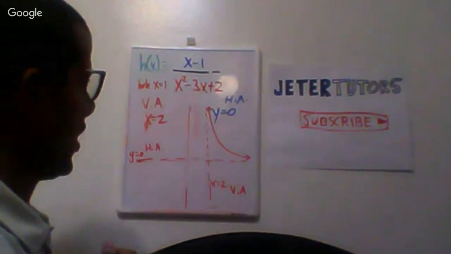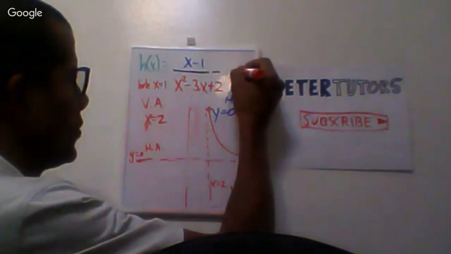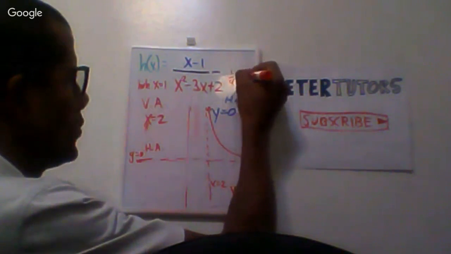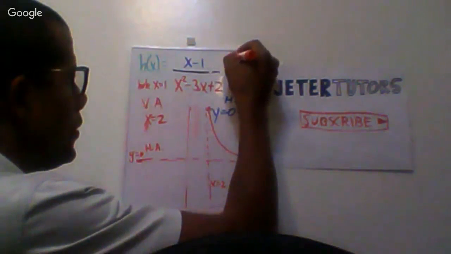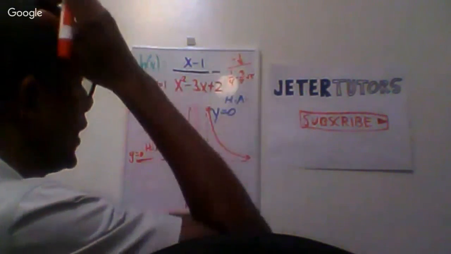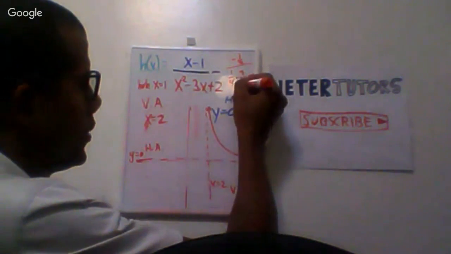So say x is a half. That's going to be 1/4 minus 3/2 plus 2, and this is going to be negative 1/2. So we're going to get, say, 2 1/4 minus 1 1/2, which is 0.75.